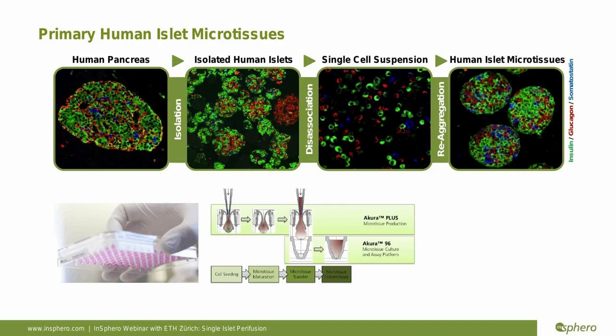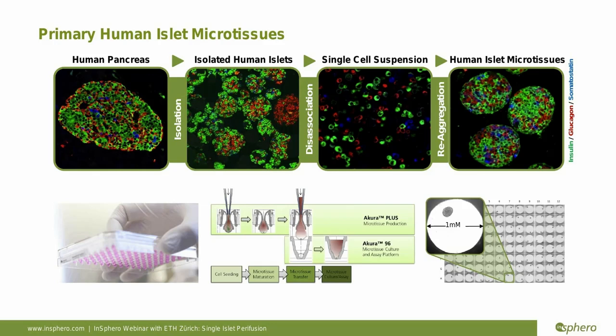The final product is a 96-well plate with 1 islet per well, and the islet size that we aim for is around 150 micrometers. We generally make sure to control this size very well between different production lots, aiming for nothing smaller than 135 micrometers and nothing bigger than 181 micrometers in diameter.